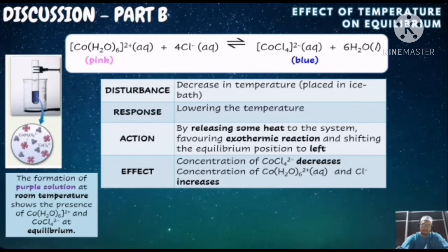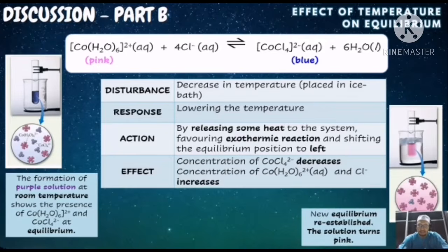The system acts by releasing some heat, favoring the exothermic reaction and shifting the equilibrium position to the left. The concentration of tetrachlorocobalt(II) ion decreases, and the concentration of hexachlorocobalt(II) complex ion and chloride ion increases. As a result, a new equilibrium is re-established and the solution turns pink.